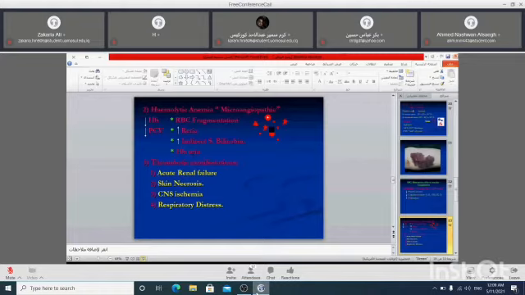So the cause of hemolytic anemia in DIC is damage of the RBCs by the thrombi in the circulation. We find these fragmented RBCs in the blood film, the schistocytes. The patient develops anemia, low PCV, low hemoglobin with high retic, and any feature of hemolysis, features of intravascular hemolysis.